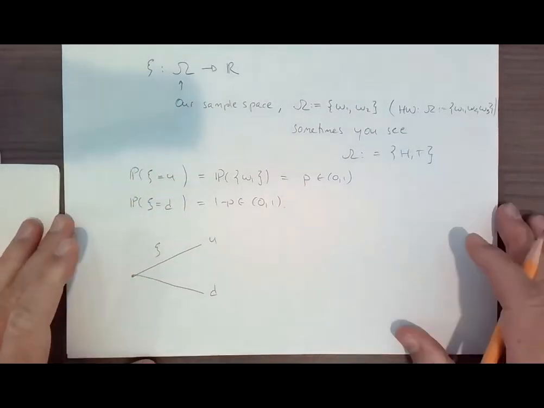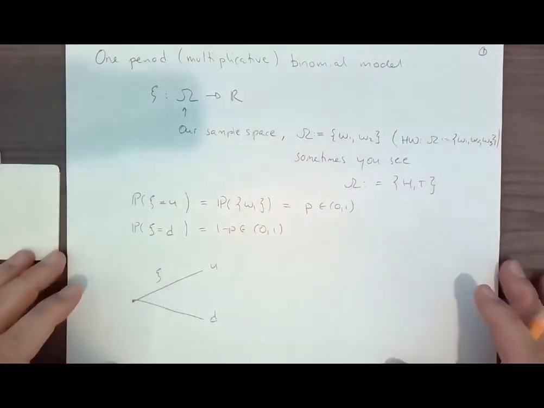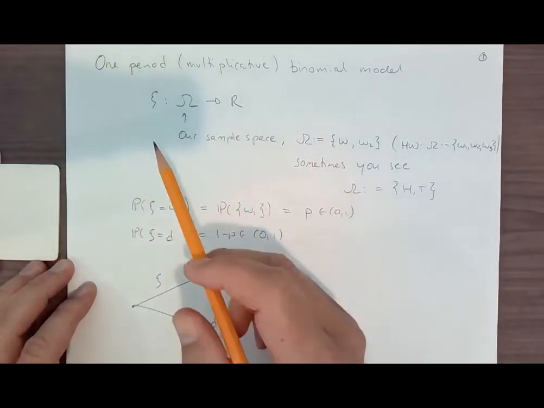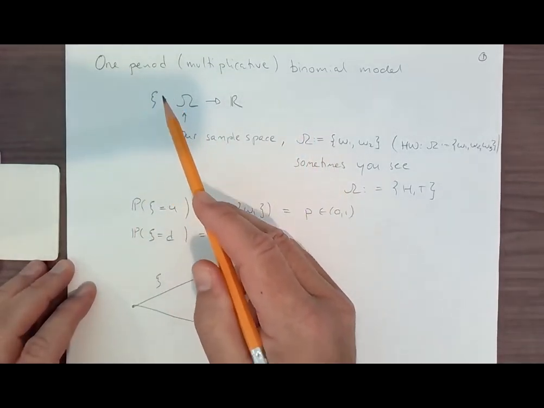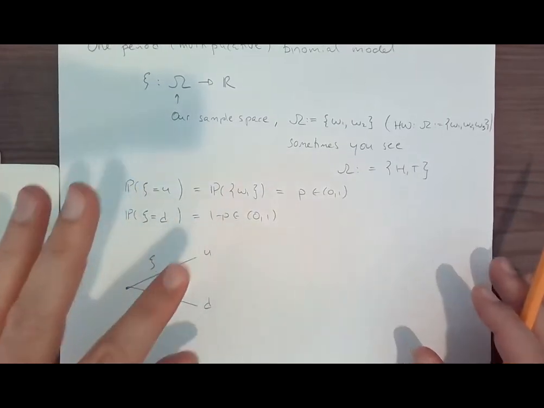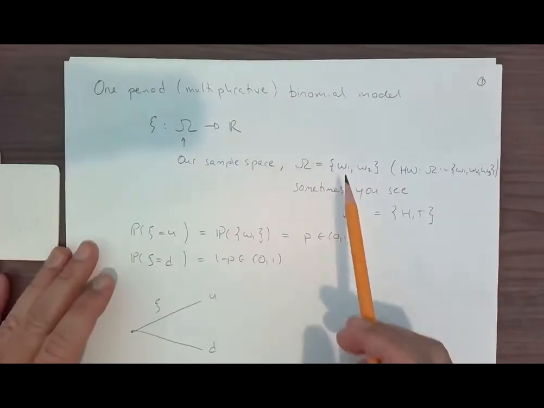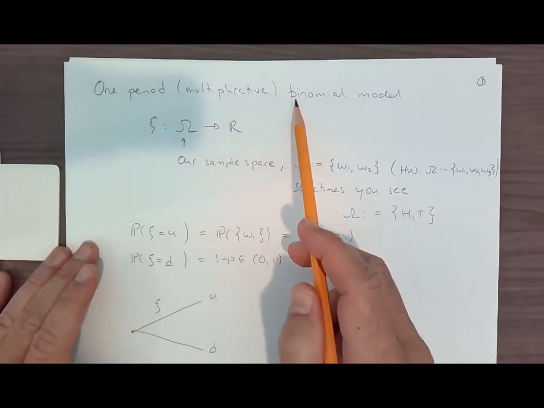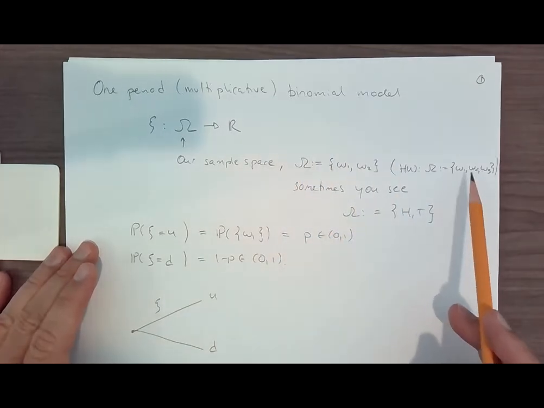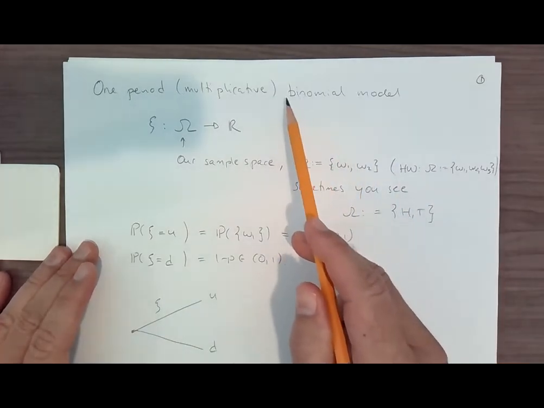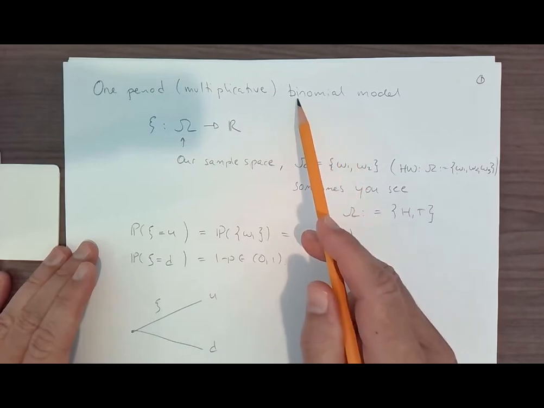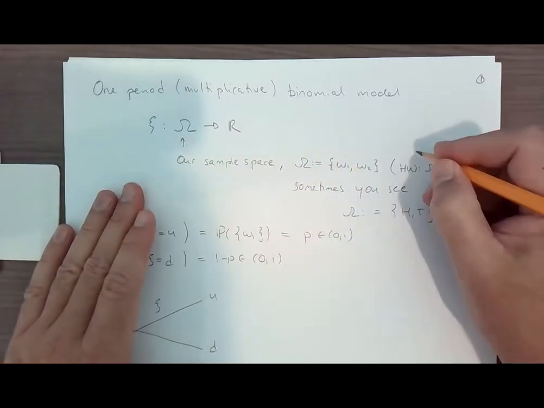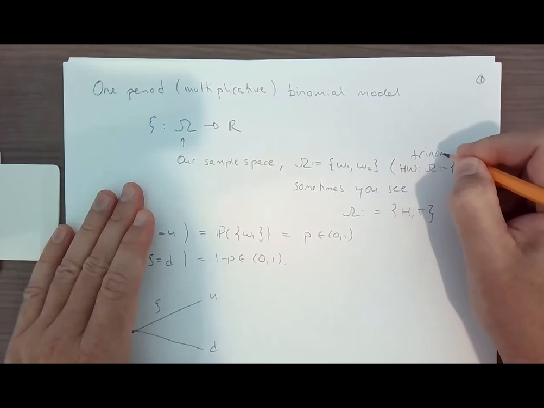This is where all the randomness comes from in a one-period binomial model. It's the two-value component that makes it a binomial model. When you have three values, it's no longer a binomial model, it becomes a trinomial model.